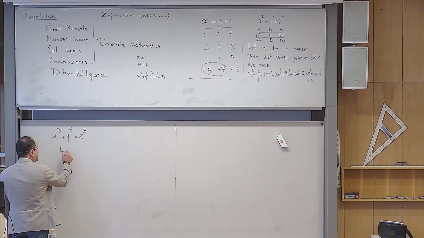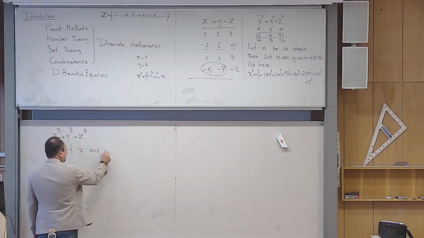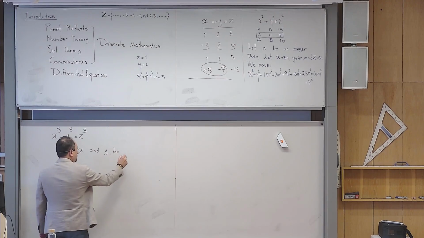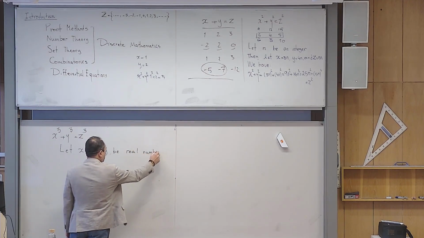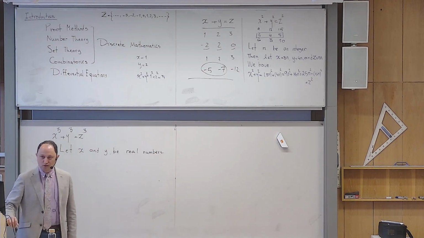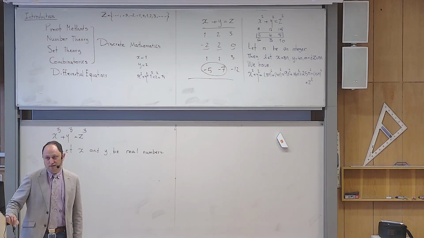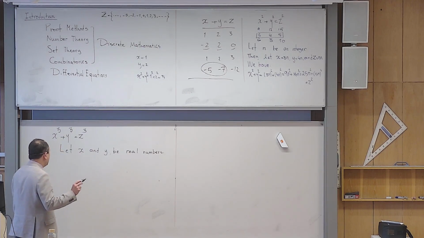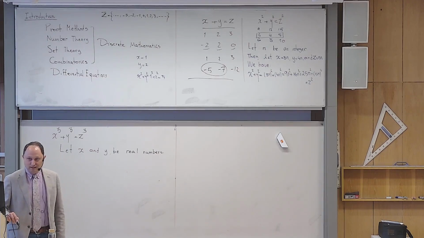So you say let x and y be real numbers. Okay? Then, what is your suggestion for the z? It's the sum of x and y. Like, no, I'm sorry, the sum of x cubed and y cubed.